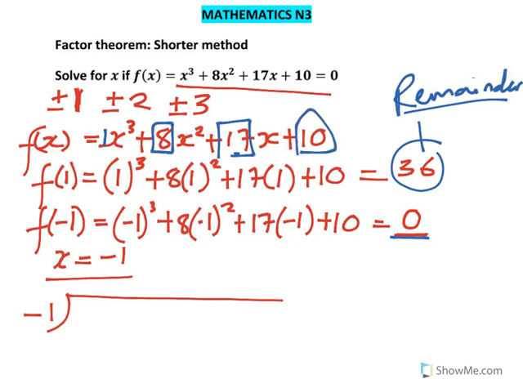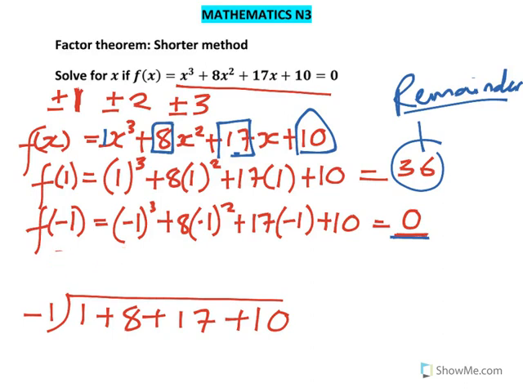So when I put them here, I will have 1 plus 8 plus 17 plus 10. When I do that long division again, remember I said x was equal to minus 1.